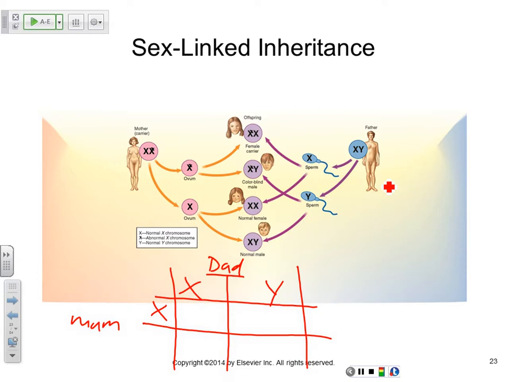And then what else has she got? She's a carrier, all right? Okay, so we do that. So this one will be XX. So that will be a normal girl, right? Okay. And this one will be a carrier girl. Carrier, you know.